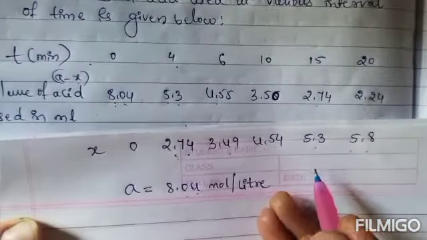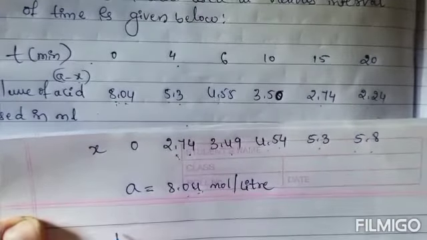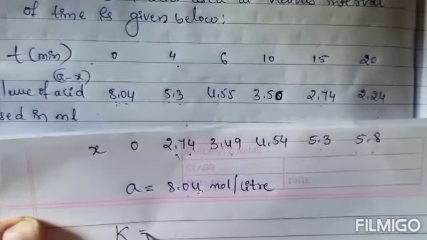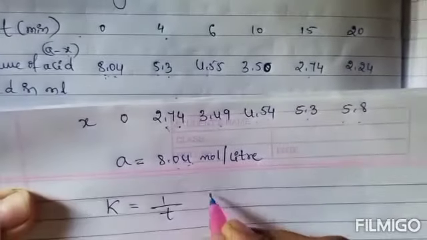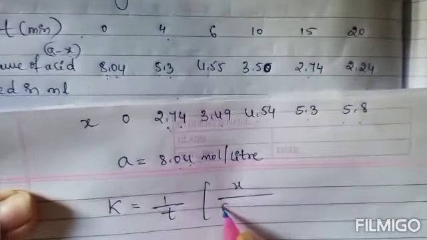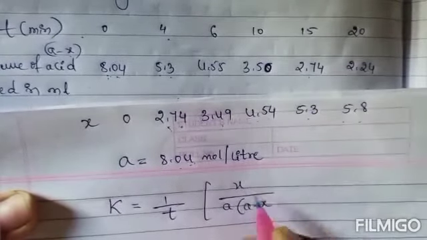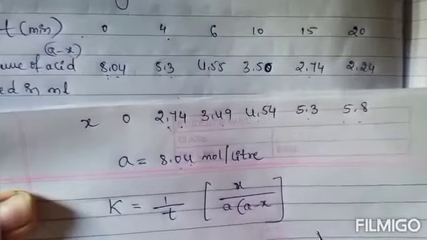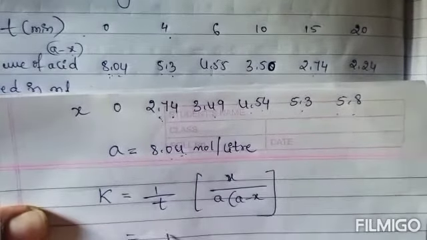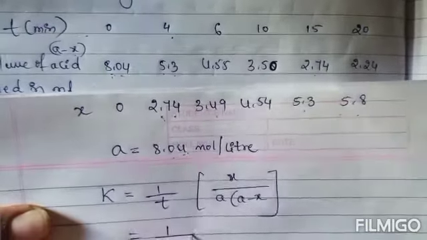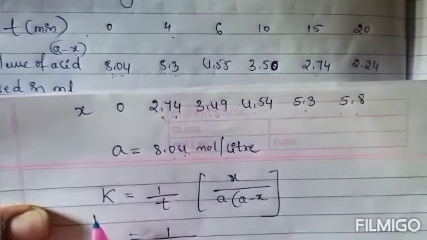Then by using the equation K is equal to 1 by T into X divided by A into A minus X, by using these values, in the first one the K value is 0.